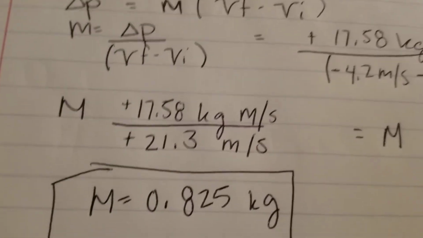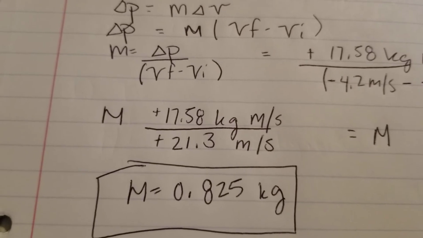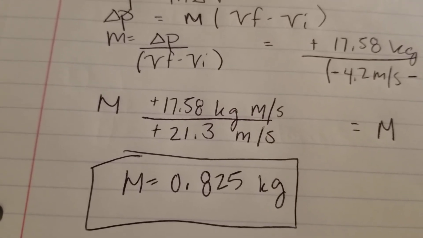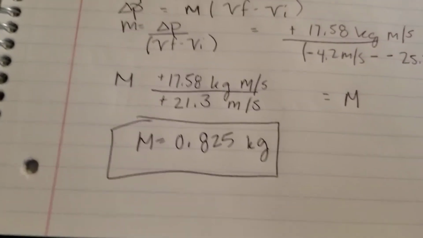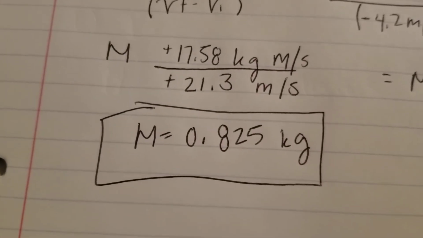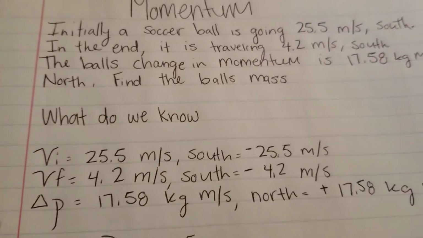If we plug that in, we get that our mass is equal to 17.58 kilograms meters per second divided by 21.3 meters per second. And if we plug that into our calculators, we get a final mass of 0.825 kilograms. So that is how we solve for the mass of the ball.